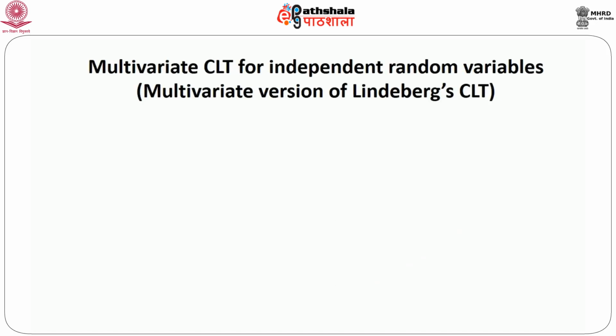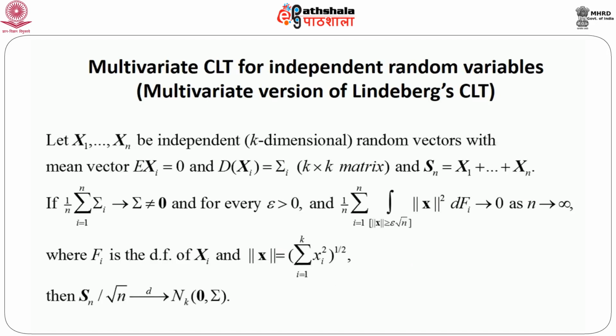Now, we will state another version of the multivariate CLT, which is called the multivariate version of Lindeberg CLT. Lindeberg CLT for univariate random variables is known to us. Let us assume that X1, X2, ..., Xn are independent k-dimensional random vectors with mean vector 0 and dispersion matrix Sigma i.